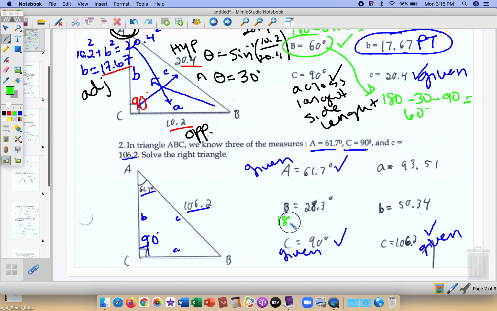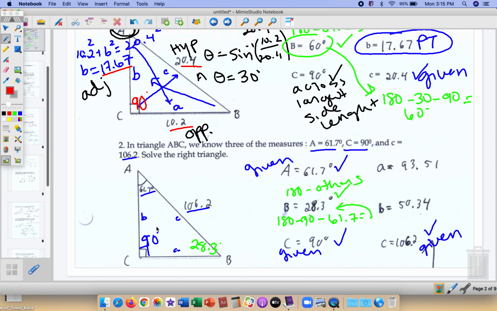So I'm going to do 180 minus 90 minus 61.7, and that's how we get our 28.3. So it's 180 minus the others. And it's not always B. If you had C and B, you would do for A, 180 minus the others. Okay, so let's pretend we need to find little a and little b. Let's label this first as 28.3 degrees.